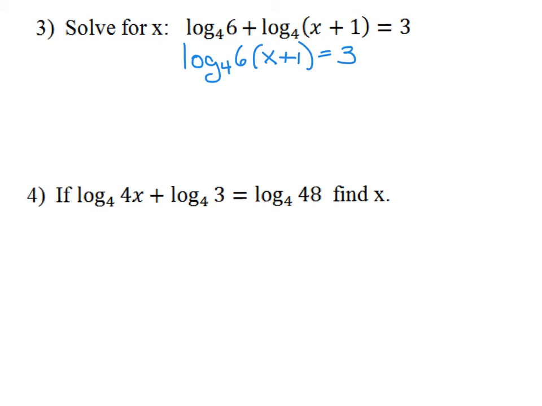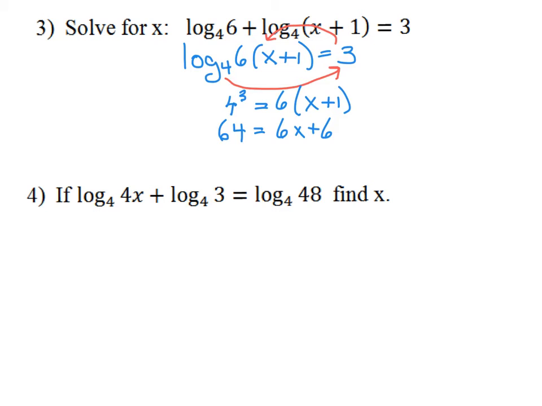I've got a log just on one side of the equation, so let's rewrite this as an exponential. 4 to the third power is equal to 6 times x plus 1. We know that 4 to the third is 64. When we distribute the 6, we get 6x plus 6.